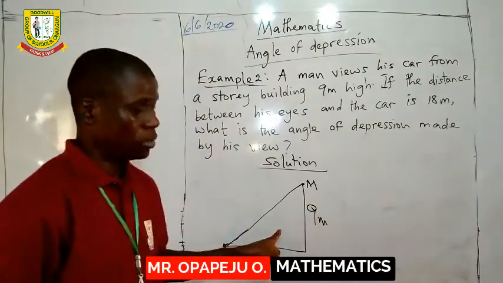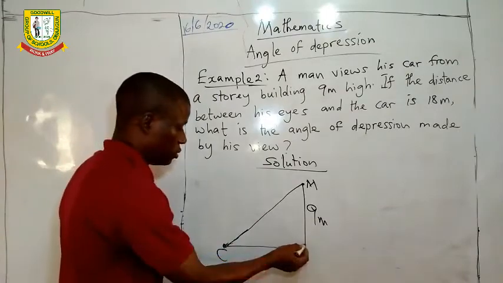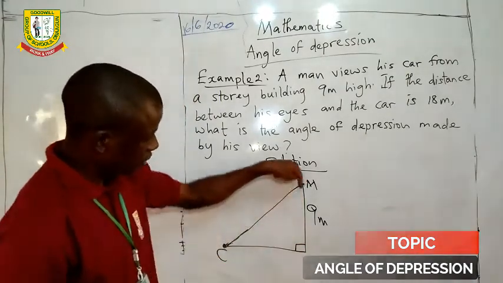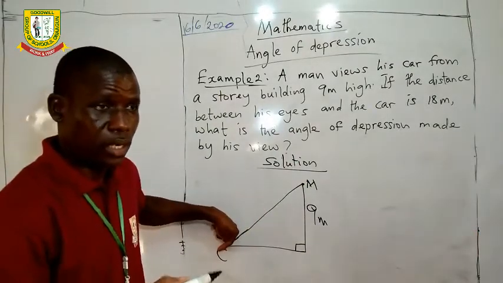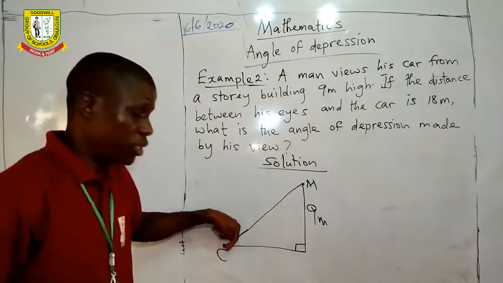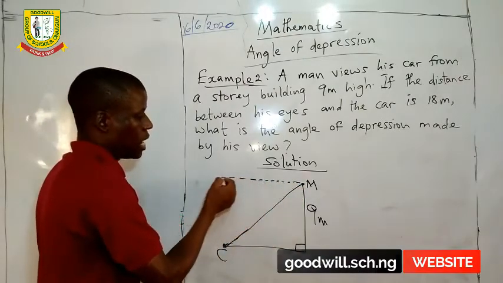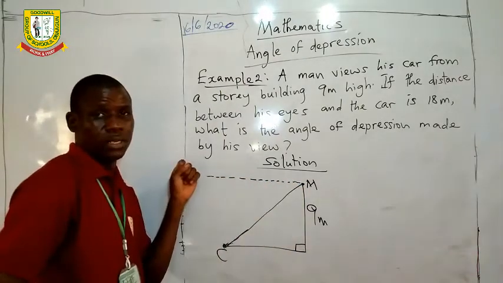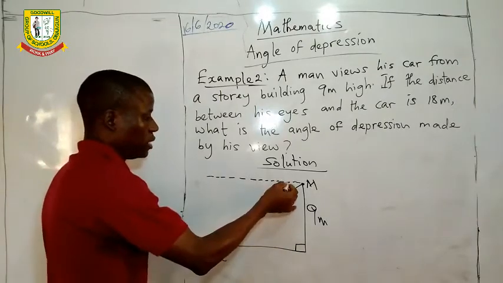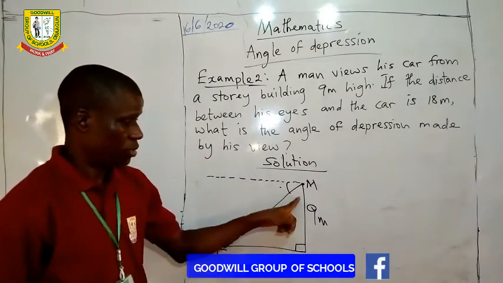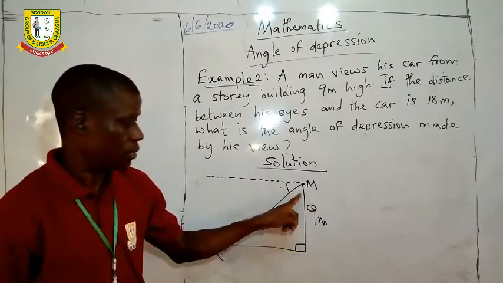Now, don't get confused at this point. This is where the man is. The man is viewing downwards. The angle of depression is connected to his eye level. This is the eye level. So this is where the angle of depression is. You shouldn't make the mistake of putting it here.